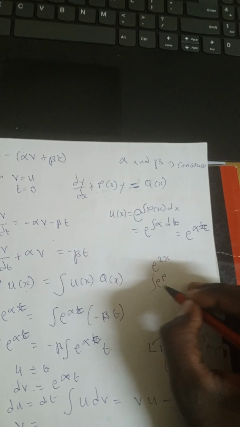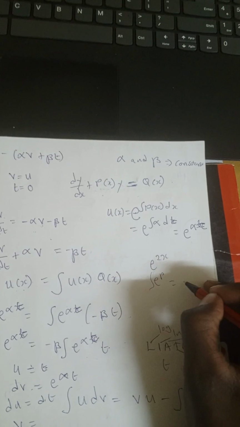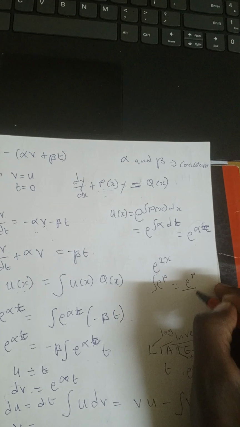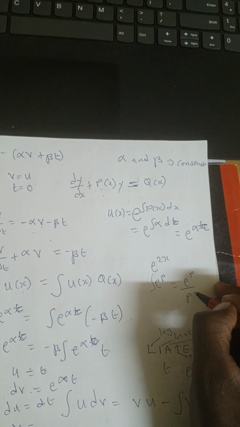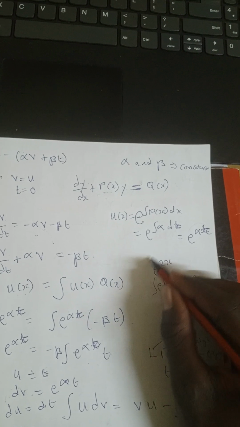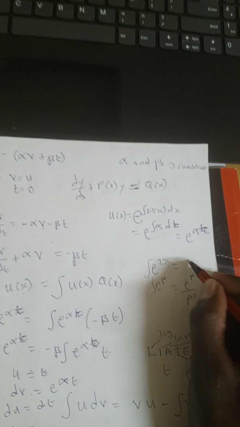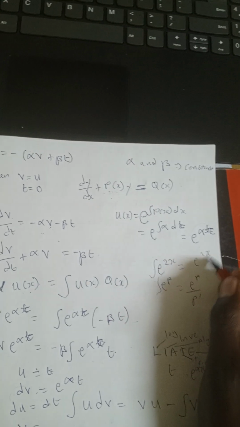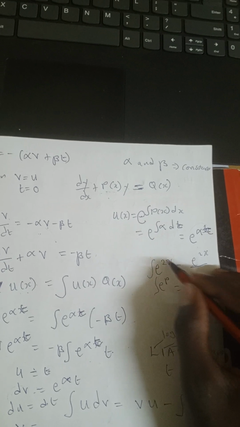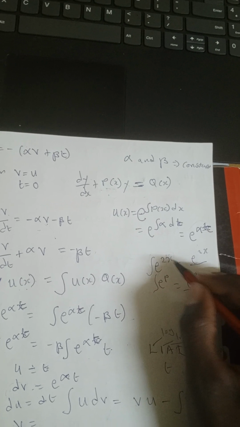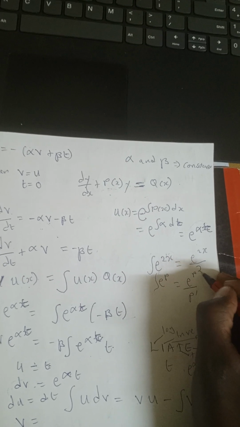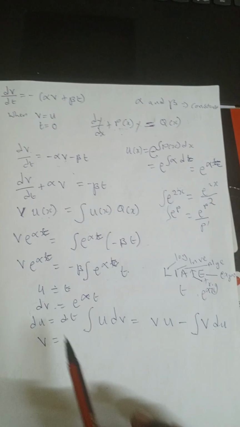If we are required to integrate exponent, we are going to repeat it the way it is, then divide by the derivative of the power. So when we were given exponent 2x, we're going to write it the way it was. Then what is the derivative of 2x? Derivative of 2x is 2, so we're going to divide by 2.